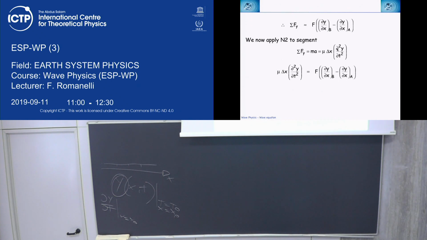What's next? Okay, let's take some ratios here. What about this part here? You recognize something? For not pure mathematicians, that is a derivative.